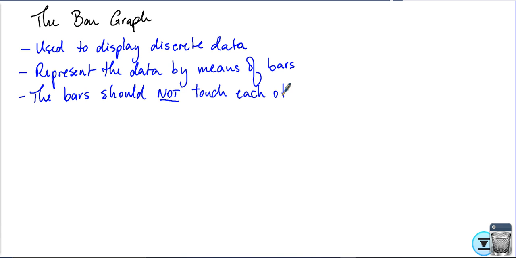Because when they touch each other, it shows that there is continuity. And if it's continuous, then it's a histogram, not a bar graph. Okay, so those are the three things you need to keep in mind when drawing a bar graph.